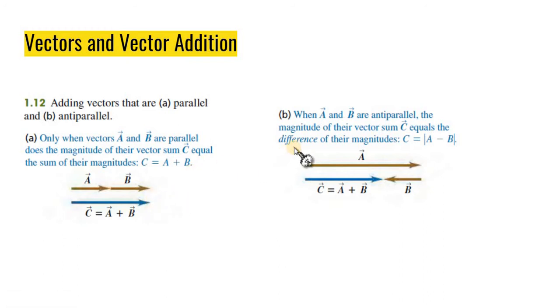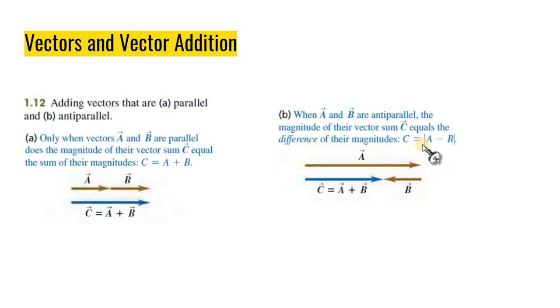However, in the situation here in figure B, when vector A and vector B are anti-parallel, meaning they have opposite directions, the magnitude of their vector sum, the magnitude of vector C, equals the difference of their magnitudes.